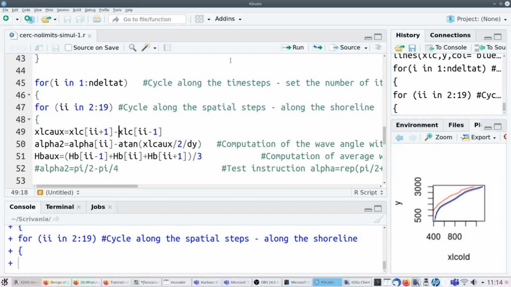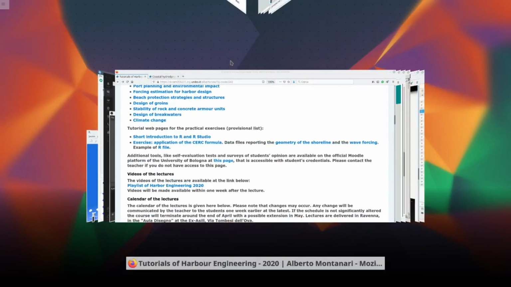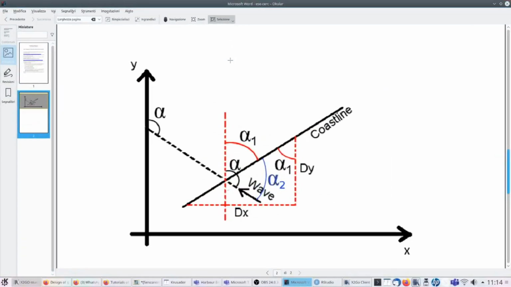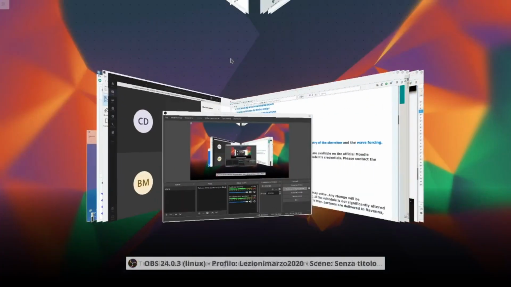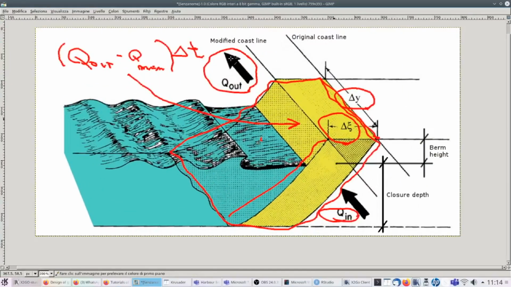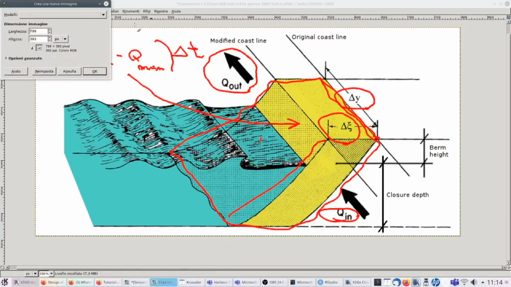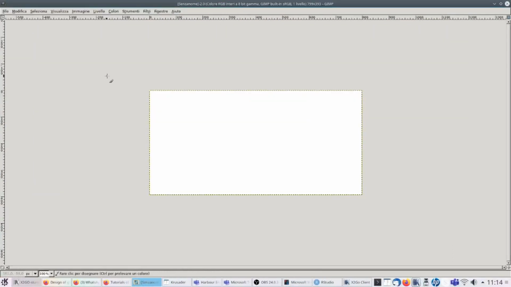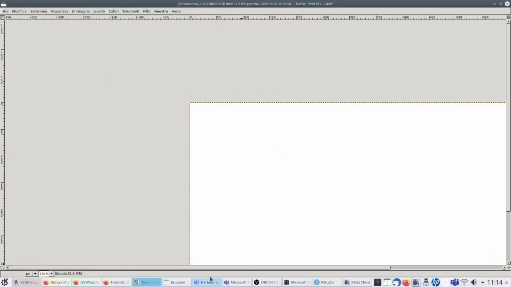Okay, so what I am doing is, let me see if I can, in the graphic window, write it.